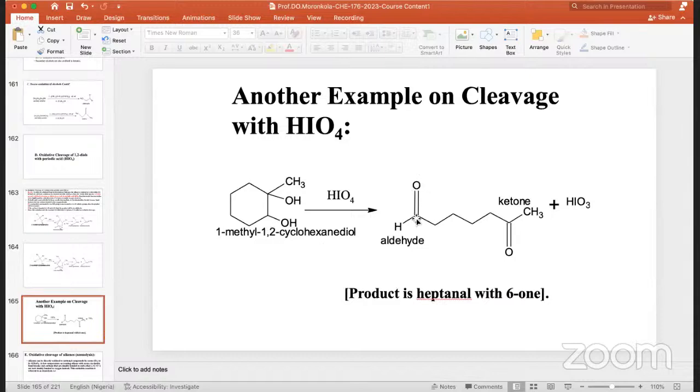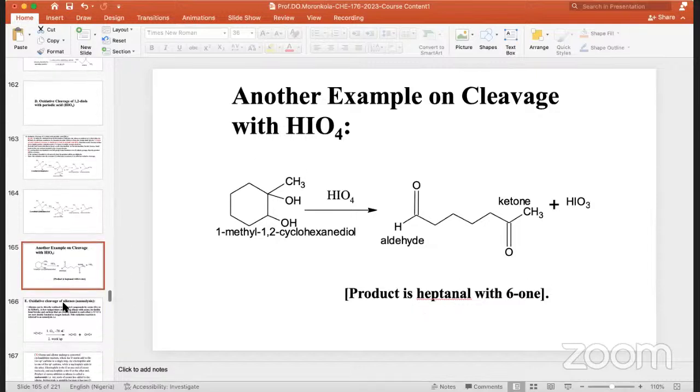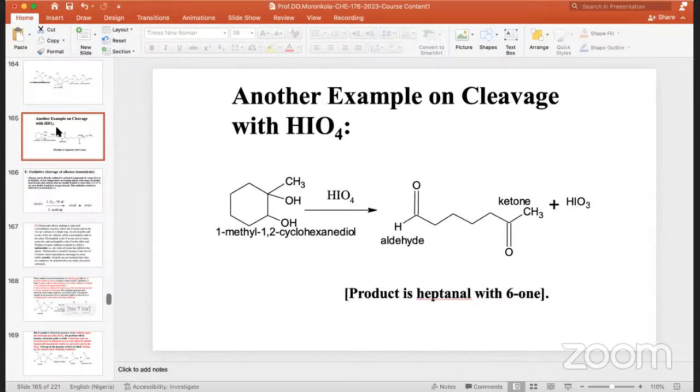Whereas the other end, where the carbon of the C-OH bond does not bond directly to an extra hydrogen but to hydrocarbons, you have the ketonic end coming up from there. So that is just to show you the utilization of periodic acid, HIO4, in formation of our carbonyls.